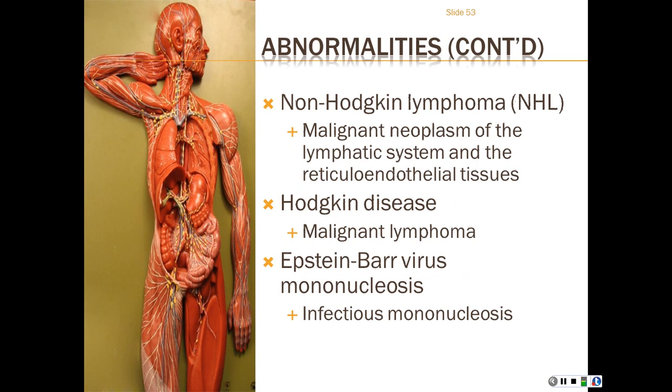You can have non-Hodgkin's lymphoma, and you've got pictures of this in the back of your chapter. In your chapter, malignant neoplasm of the lymphatic system and the reticuloendothelial tissues, Hodgkin's disease with malignant lymphoma, and Epstein-Barr virus can lead to infectious mononucleosis.